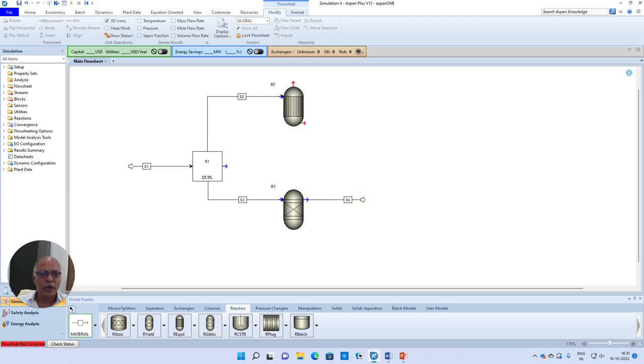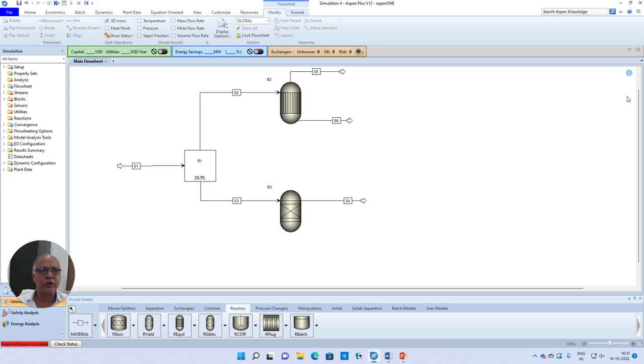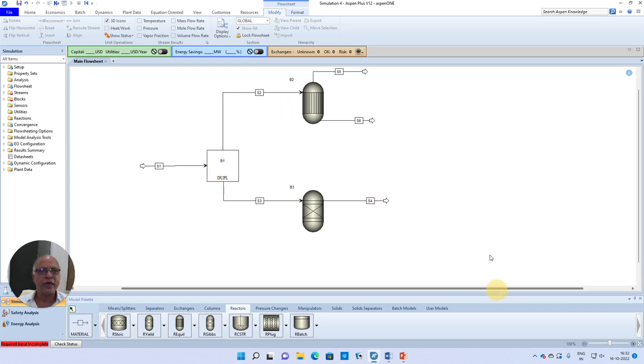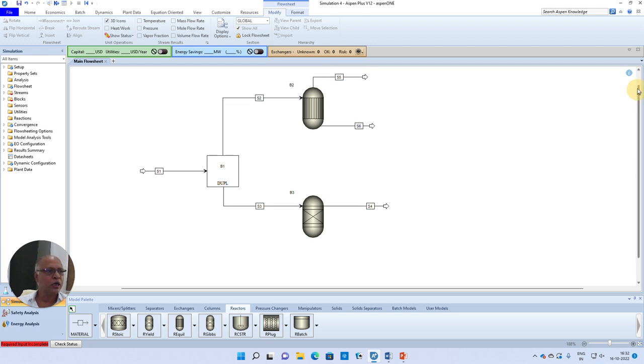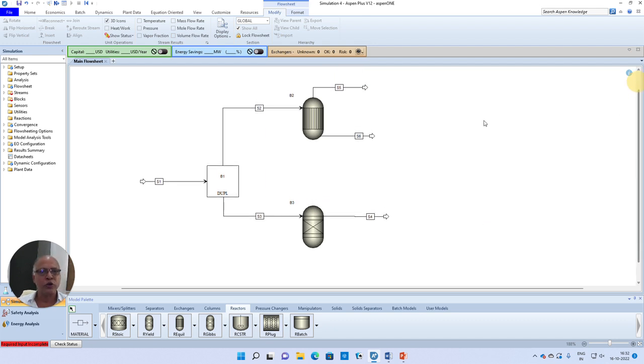So you can see the Gibbs reactor has only one output, whereas the equilibrium reactor has two. The first one is vapor product and the second one is liquid product. Remember, these two are going to operate on slightly different principles. For example, as you know, the necessary and sufficient condition for chemical equilibrium, you might have derived this relation in your thermodynamics course, is sigma nu i must be equal to 0.